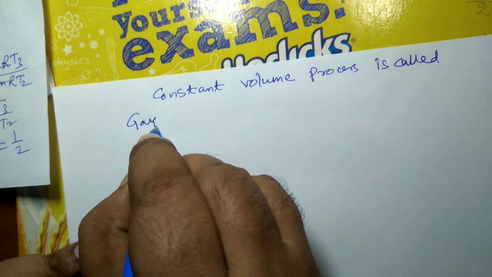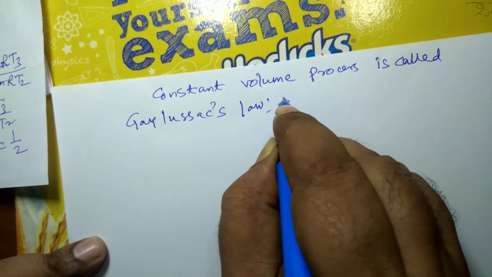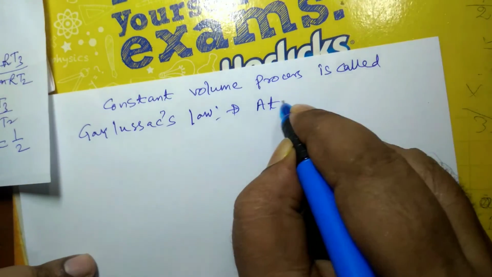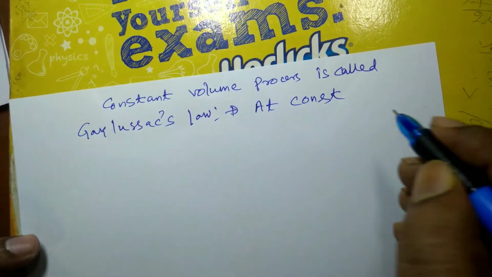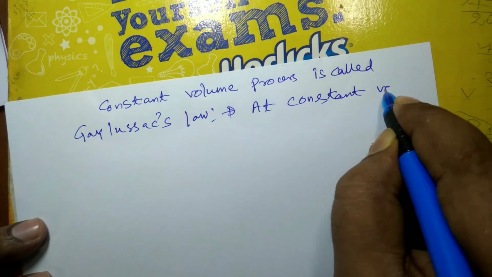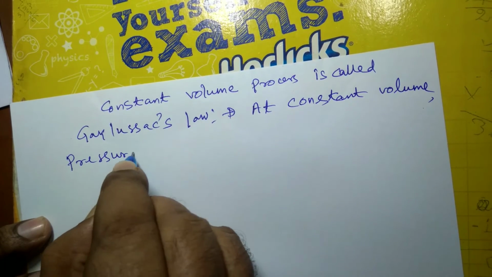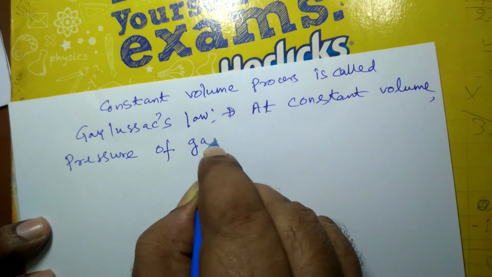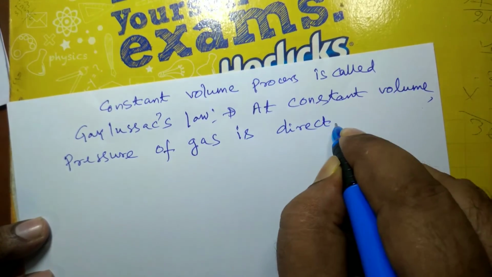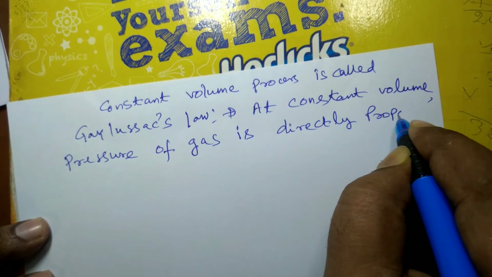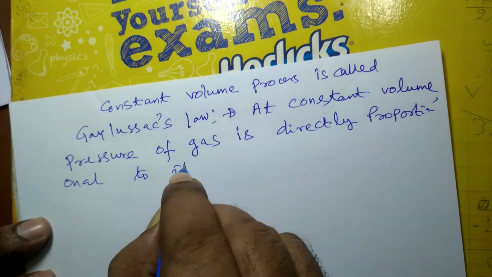Gay-Lussac's law states that at constant volume, the pressure of a gas is directly proportional to its absolute temperature.